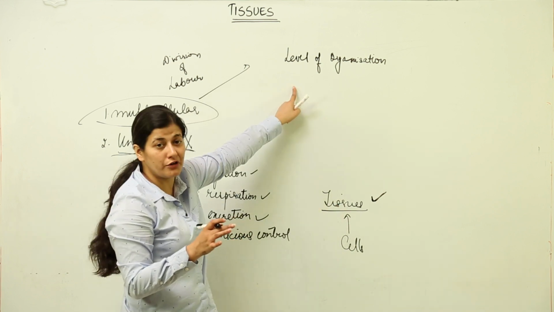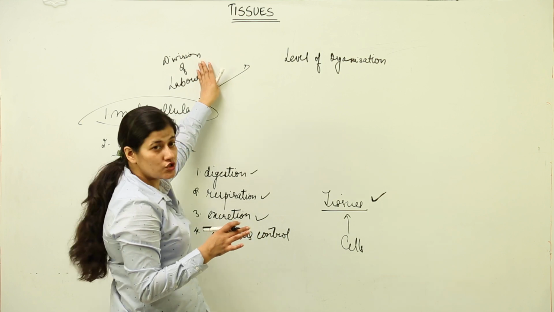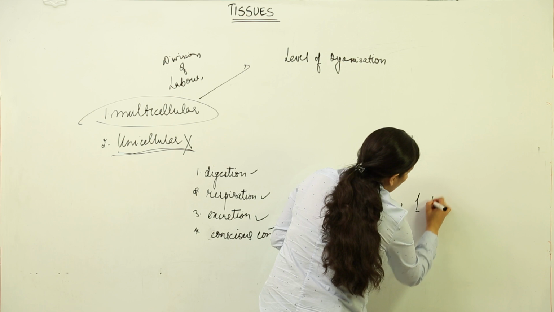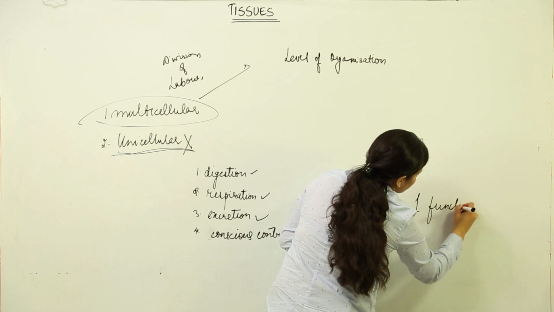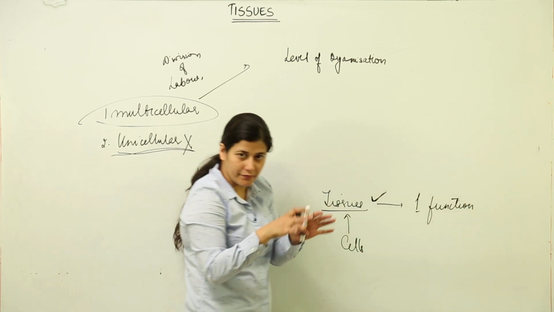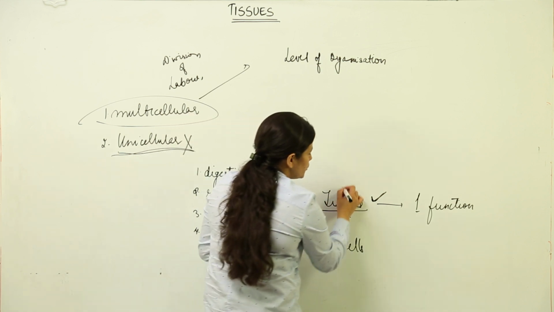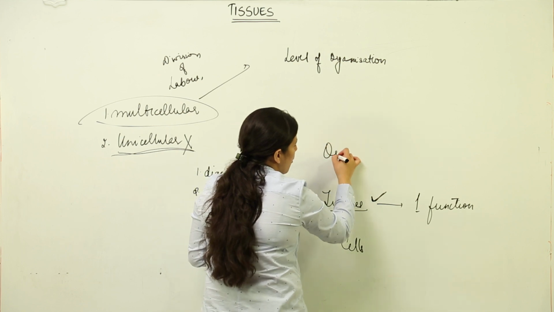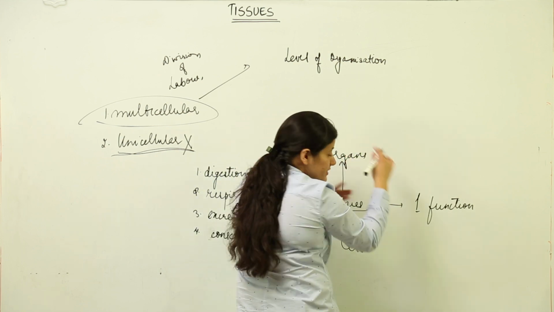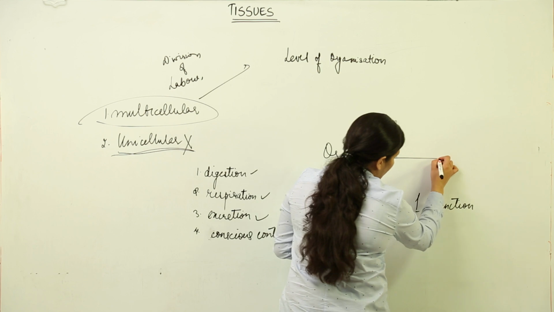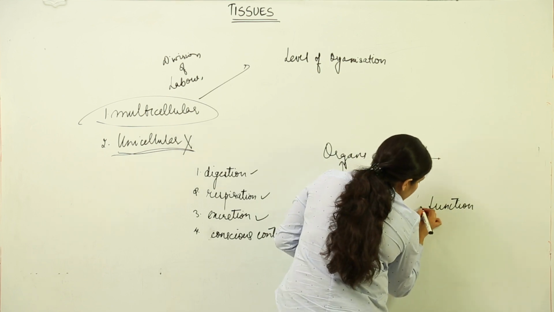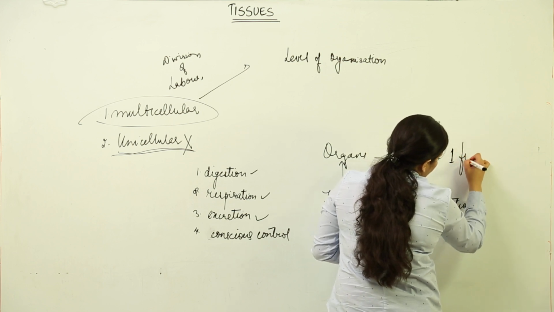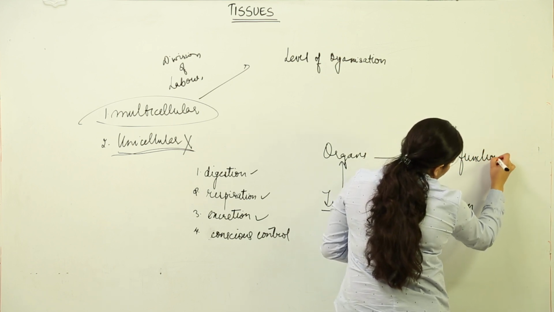Because this level of organization is governed by division of labor, these groups of cells would be performing one particular, basic function. Now a few tissues, which perform two or three functions, would combine to form an organ, and this organ performs a bigger function.